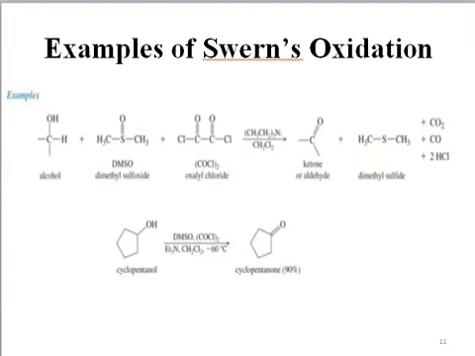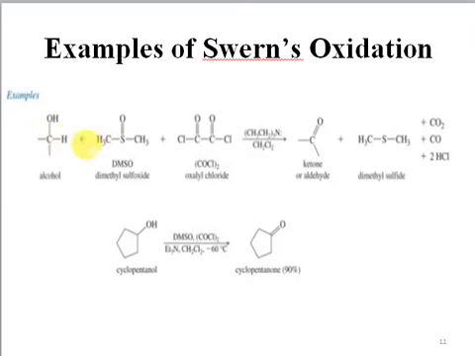Now we have examples of Swern's oxidation. Suppose we have an alcohol, and you can see this is a secondary alcohol because this carbon is bonded with two carbons, right? So we'll get a carbon oxygen double bond by elimination of hydrogen from this carbon and hydrogen from this oxygen, right?